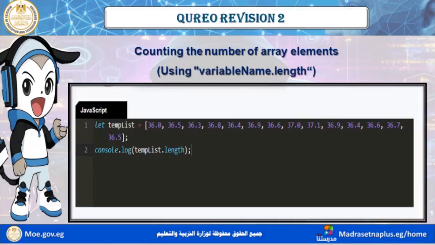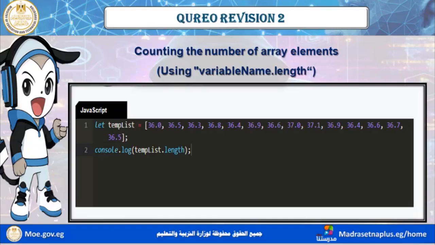We have here to let temp list equal and start to put the items of temp list. Then we have to show on screen temp list dot length. What does length do here? Length here counts the number and tells us the number of elements inside the array: here we have 3, 6, 9, 12, and so on.